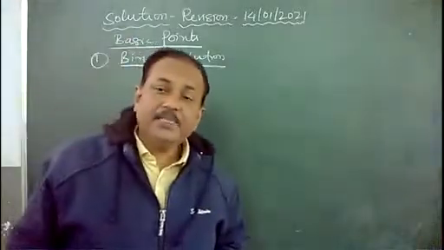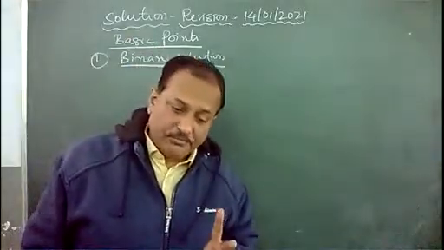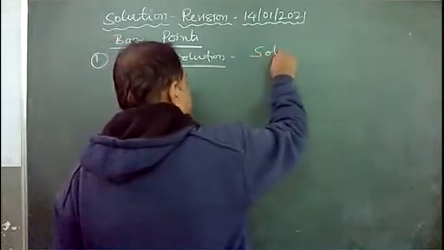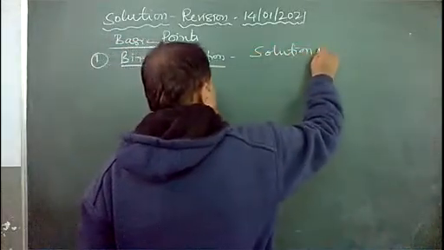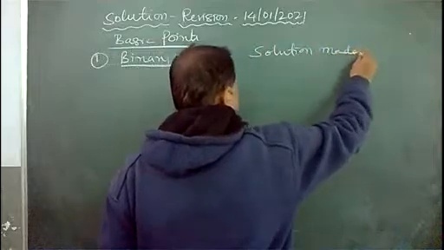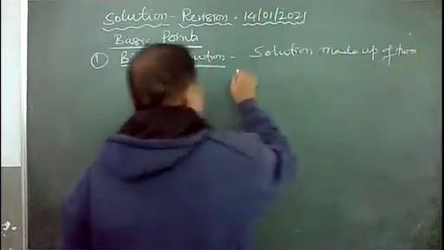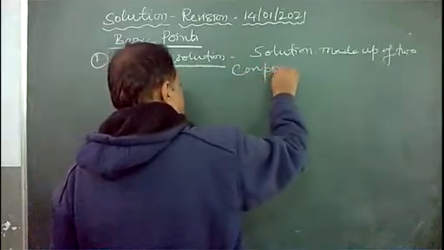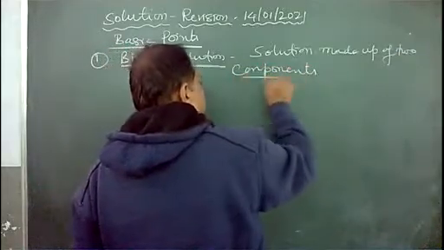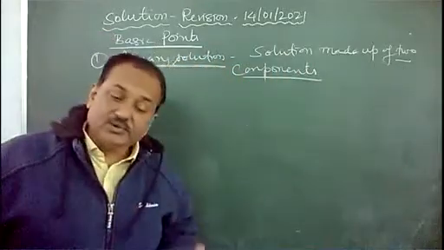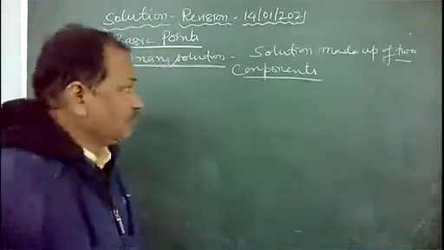So a solution made up of only two components is called binary. So a solution made up of two components, that is solute and solvent, is called a binary solution.